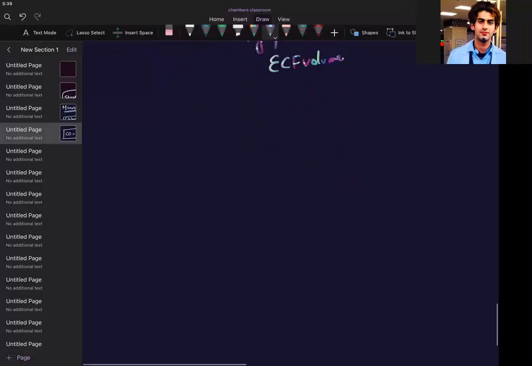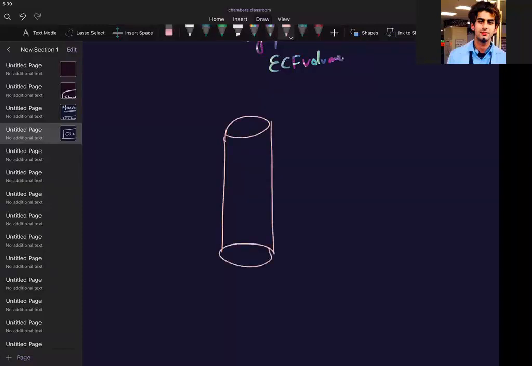If I make a diagram for you guys, I take this as a blood vessel, and around this blood vessel I am making the lower limb muscle. Let me make the muscle with sparkle color.